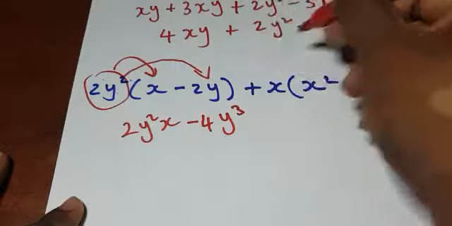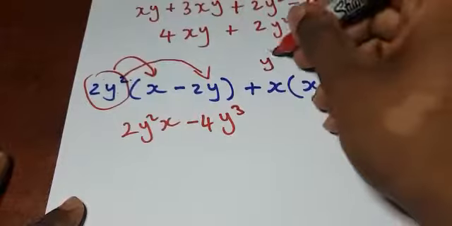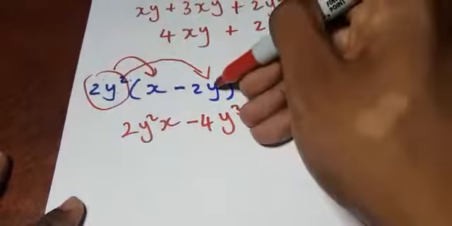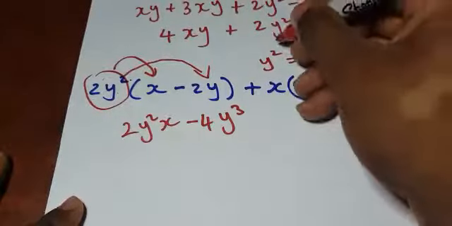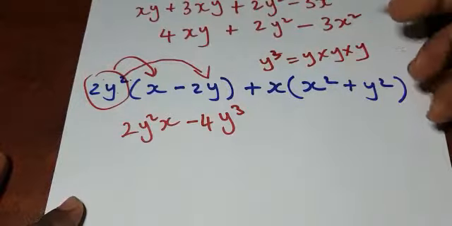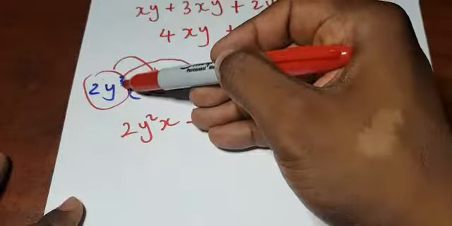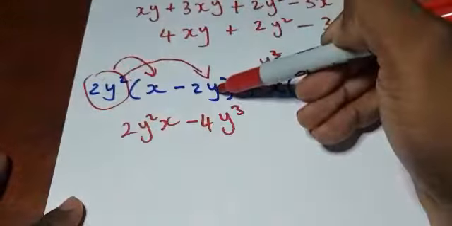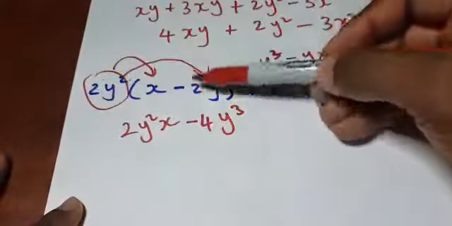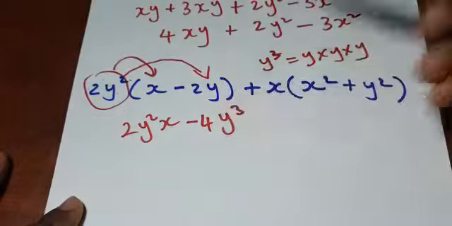Think of it, I'll put a little box here, says y squared, which is y times y, and then we have this extra y here, so for y cubed, we have 3 y's. The 2 y's from the y squared and this extra y give us the y cubed, and then 2 times negative 2 is negative 4.